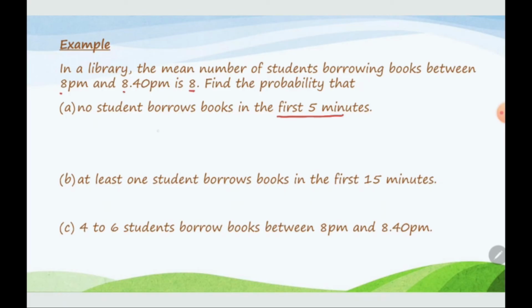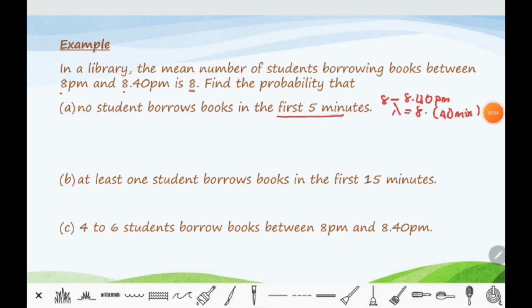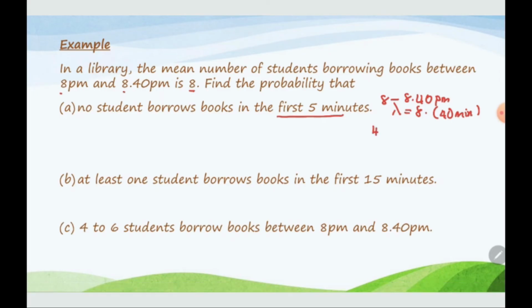So we know that for 8 to 8:40 p.m. the lambda is 8. We know that it is 40 minutes. But we need to find for the first 5 minutes. So we need to calculate for 1 minute first. So we know that for 40 minutes, the lambda is 8.